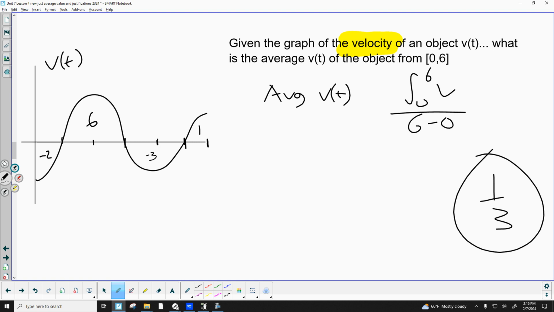However, this is giving me all the accumulation. You don't have to look at X of 6 and X of 0. If you don't want to, you can literally just say, oh, -2 plus 6 minus 3 plus 1 is 2. 2 divided by 6 is 1/3.